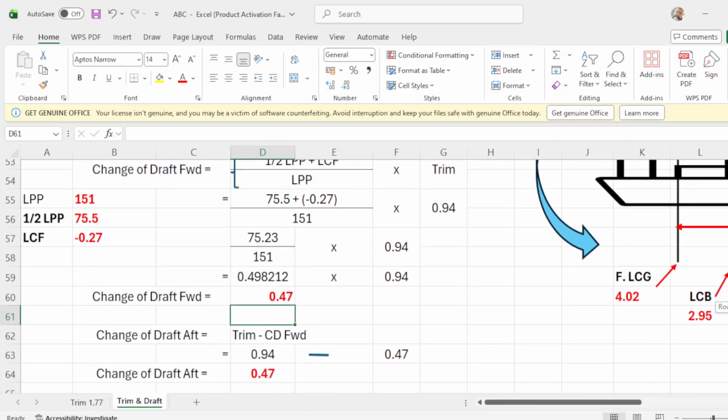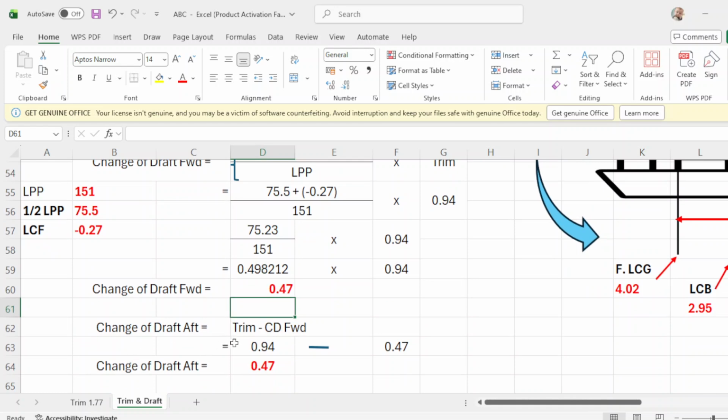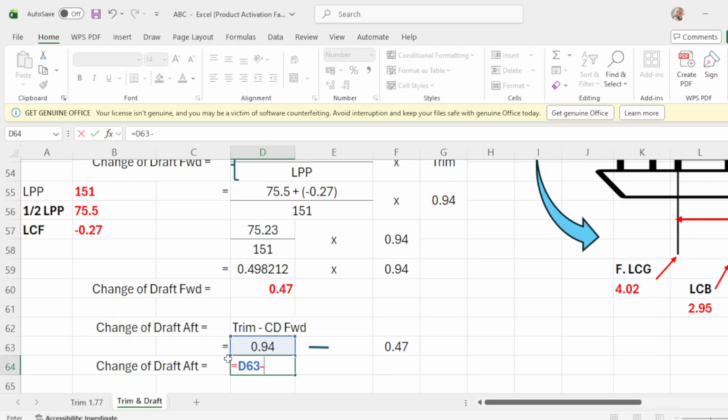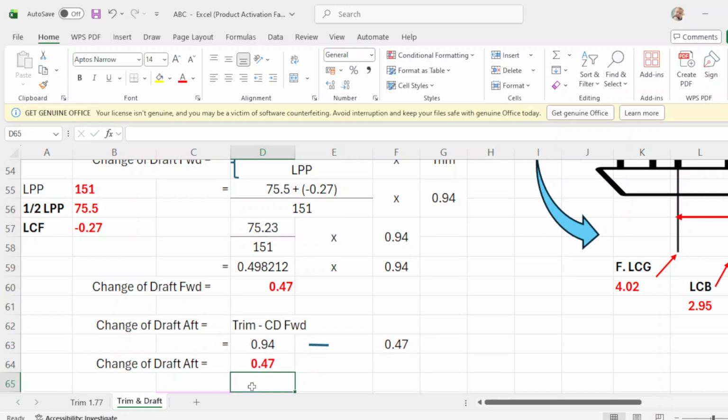And your change of drop up is trim minus your change of drop forward. So trim of 0.94 minus your 0.47, or your forward trim is 0.47. So click this one, your trim minus your change of drop forward, and your change of drop up will be 0.47. Okay, so you have now your change of drop forward and change of drop up.